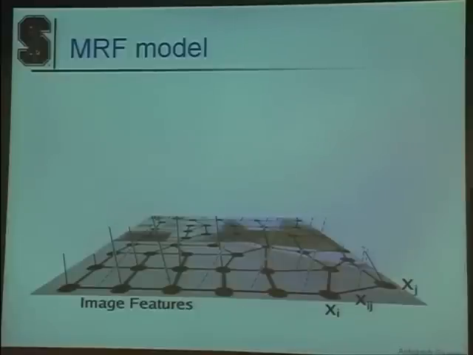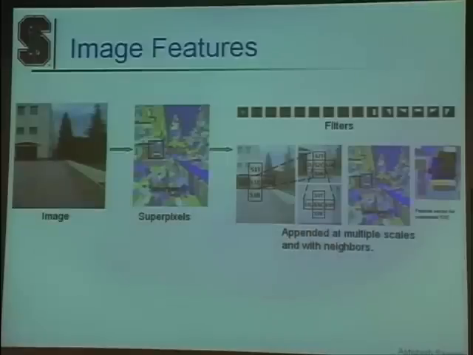Now the grid might be irregular because we don't know how the segments are turning out to be. So we take an image, we over-segment it to get something called superpixels, and for each of these small patches, we will compute similar texture-based features, and append them with the features of a small patch above it, with features of small patches below it, and so on.